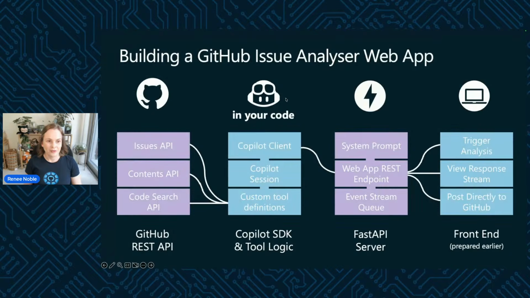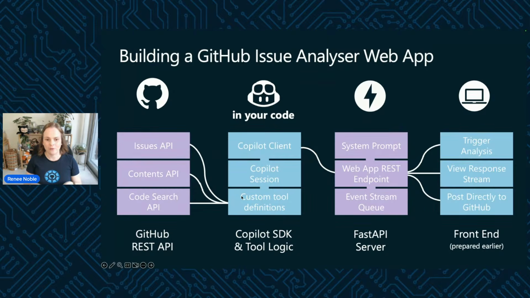So how is this going to come together? We're going to ultimately build the analyzer web app that you saw in the demo, but we're going to start with just using some existing GitHub tools. There are lots of API endpoints for GitHub, including one where you can get the issues and the content of them, one where you can get the content of a repo, and one where you can get the content of different files and search through all of that. So it's the information we need to be able to build our tools.